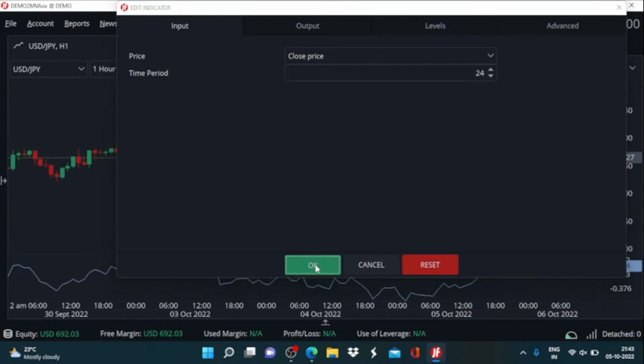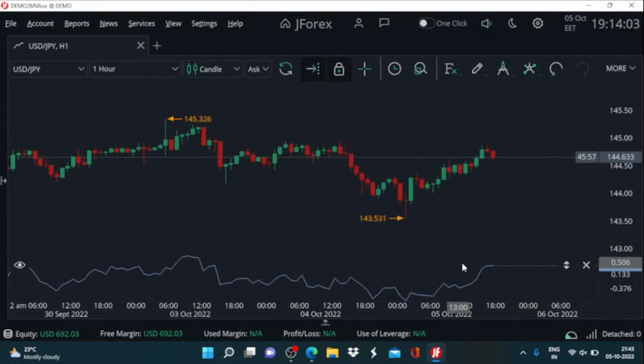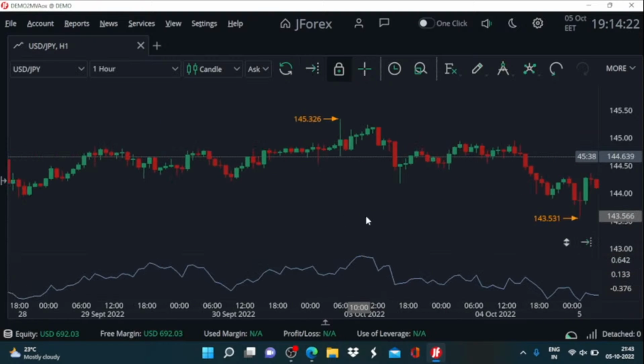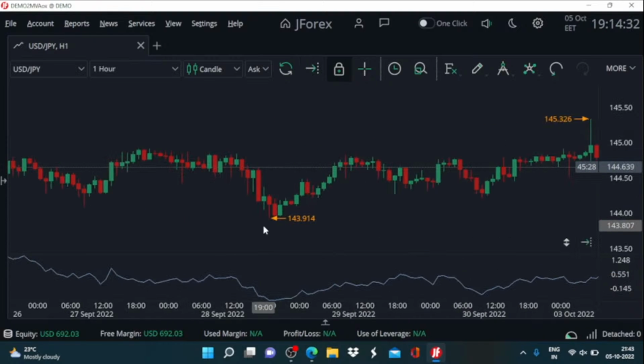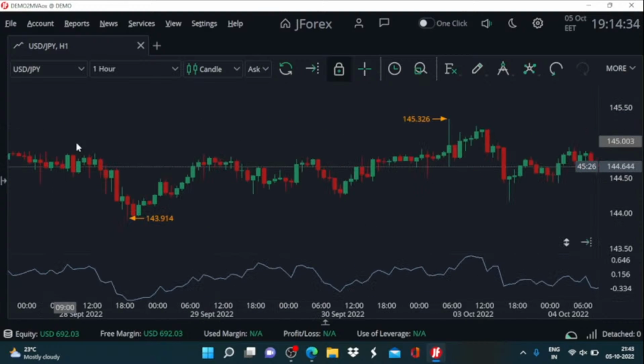Suppose you want to look at the price changes over the last 24 hours, you will have to increase its calculation period to 24, and as a result there is going to be some lag, and even if the recent move is quite sharp, it will take some time for it to be reflected. So this larger calculation period will smoothen out some sharp moves, but there will be more lag in terms of its trend change. All right.